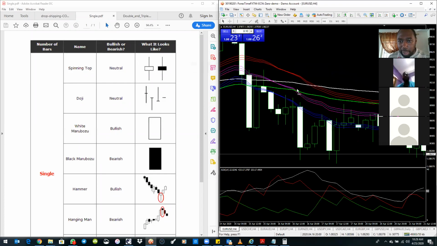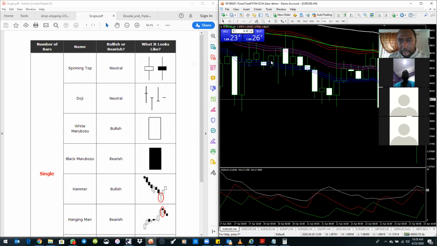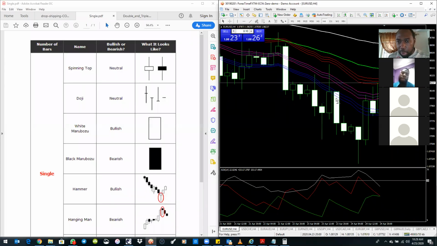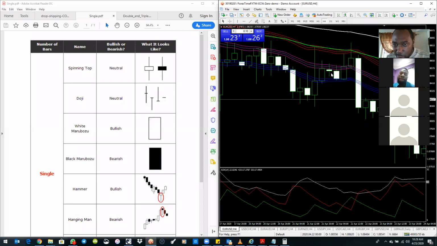If you look a little bit closer, you can see that the market was in a little bit of a downwards move. We had this spinning top here. And after the spinning top, you can see that the market had a brief bullish run. At least for the rest of that day, the market was bullish. You can see that. If you look closely, we can see another spinning top here.